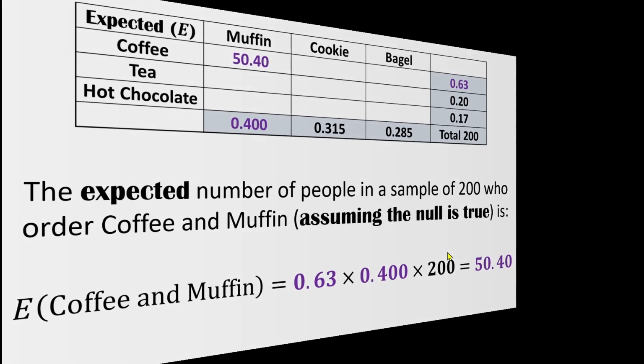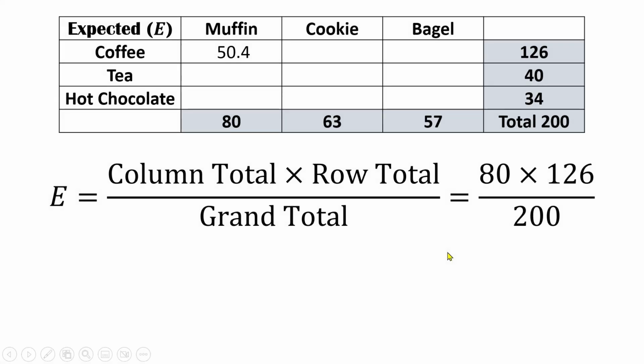But I would like to point out that an equivalent way to come up with this expected count is to use that general formula, which is to say we take the column total times the row total divided by the grand total. In this case, the column total is 80, the row total is 126, and the grand total is 200.